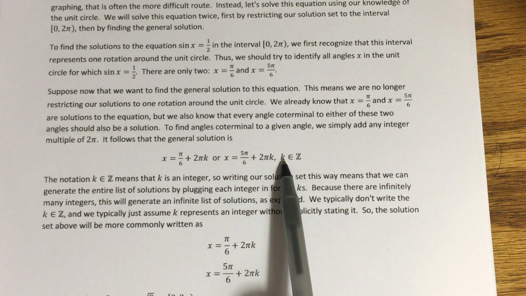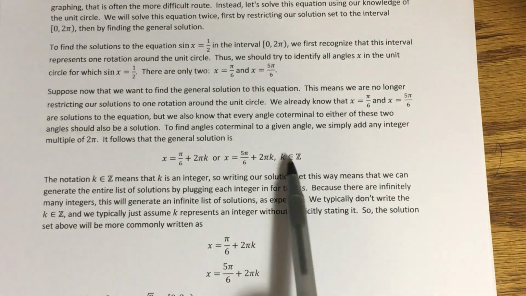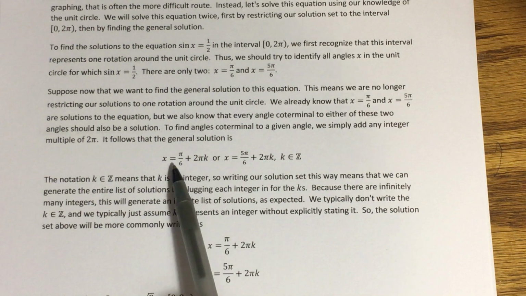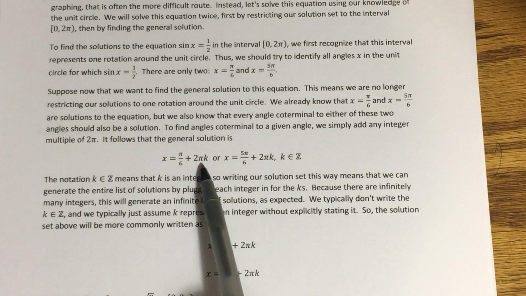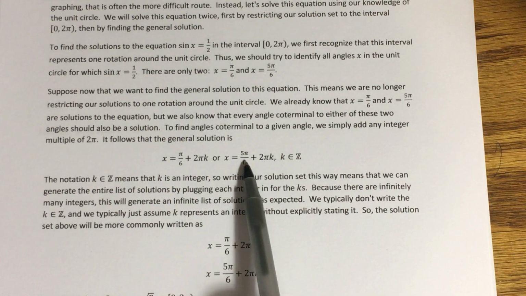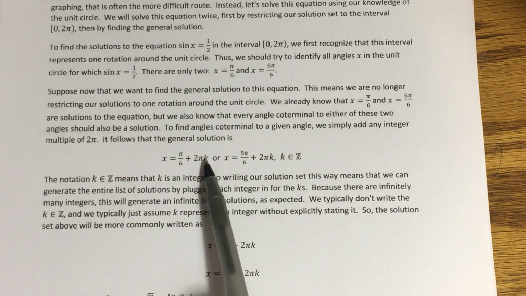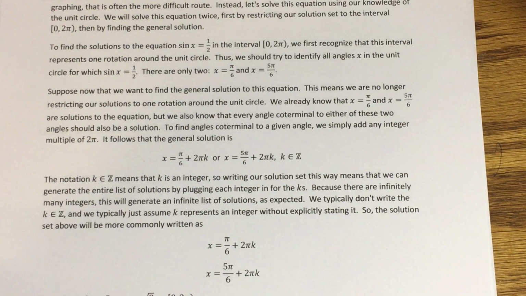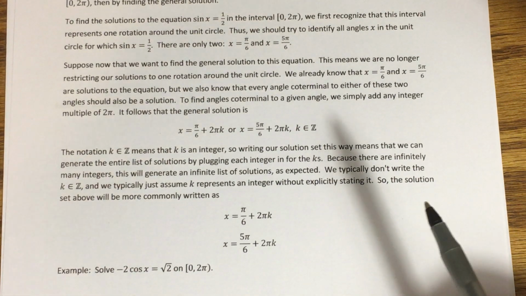So what this is saying is that k is an integer, and we're considering the solutions of these forms, pi over 6 plus 2 pi k, or 5 pi over 6 plus 2 pi k, for all possible integers k that can be plugged into either one of these. That would account for all possible multiples of 2 pi.